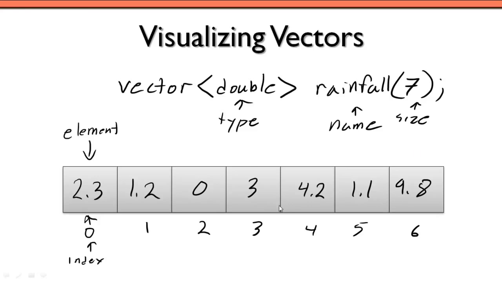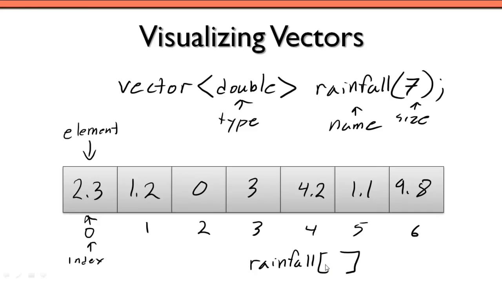And we can make use of this particular vector and access any one of our elements at any point in time. So we can have direct access to any particular value in this vector. And the way we do that is just via the name of the vector, so in this case, rainfall. And then in square brackets, we would specify the index value.